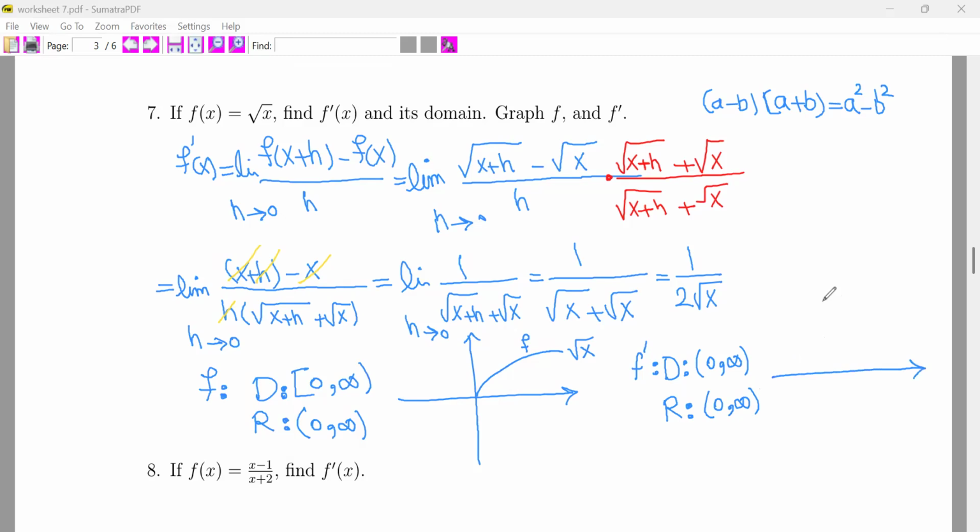And how can we graph this one? Since the graph of f is all increasing, you would have f prime at the top of the page, so over the x-axis. And since it is a reciprocal function, it will look something like this, as 1 over 2 times the square root of x.